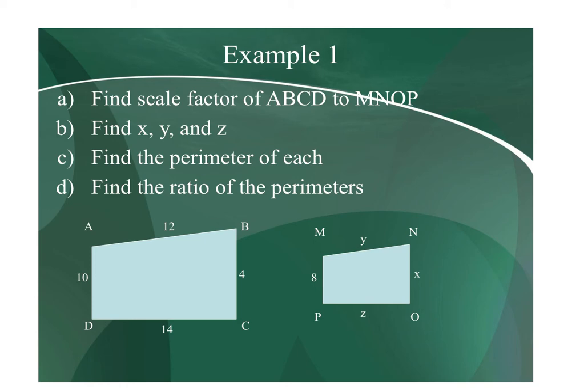Example 1. We're going to find the scale factor of ABCD to MNOP. KL, how am I going to find the scale factor?